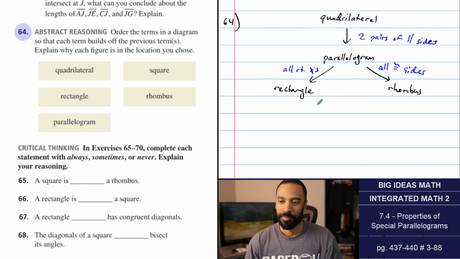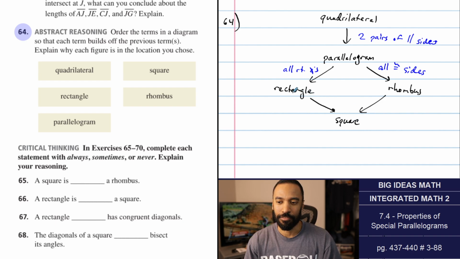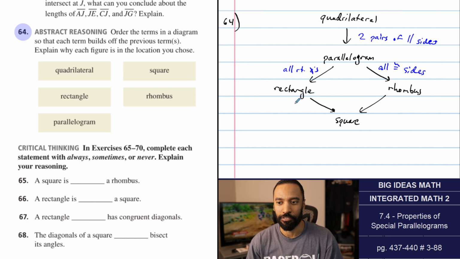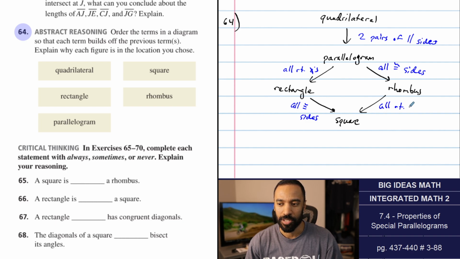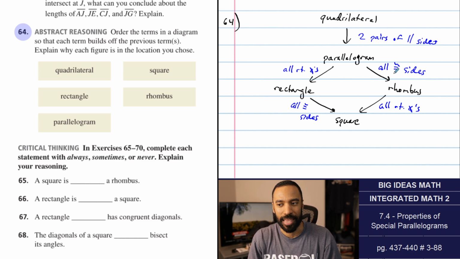The square is any version of a rectangle and rhombus. So if a rectangle becomes a rhombus, it's a square. Therefore, if I get all congruent sides of a rectangle, I'll have a square. And if I get all right angles of a rhombus, I'll get a square. So I'm kind of going that way with it.